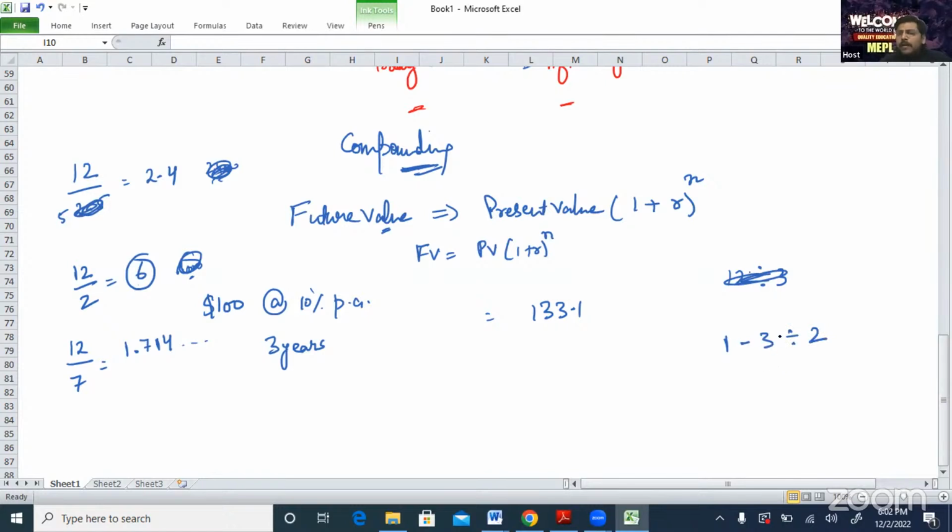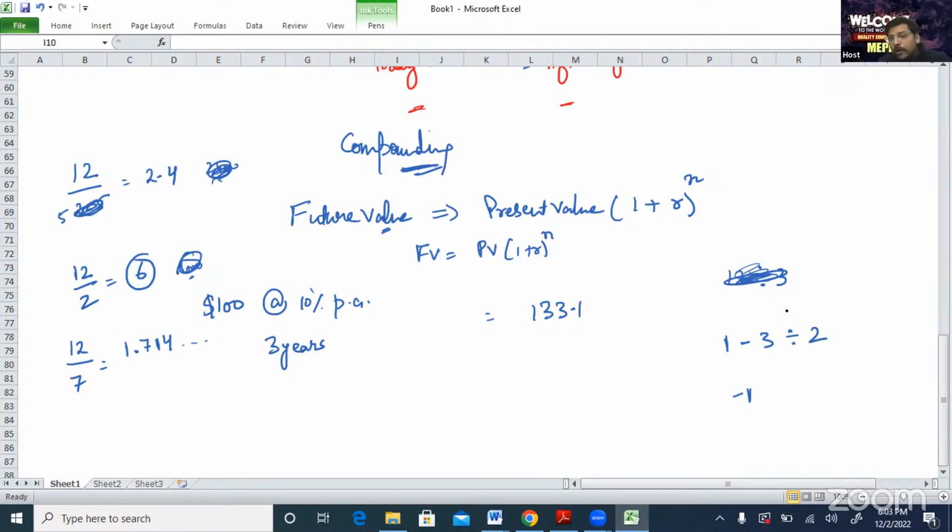Now if I ask you what should be the answer, I am giving you this mathematically, 1 minus 3 divided by 2. Should my answer be minus 1? That is 1 minus 3 becomes minus 2, and then minus 2 divided by 2 becomes minus 1. Or should it be like this, that 3 divided by 2 should be 1.5, so 1 minus 1.5, then my answer should be minus 0.5.